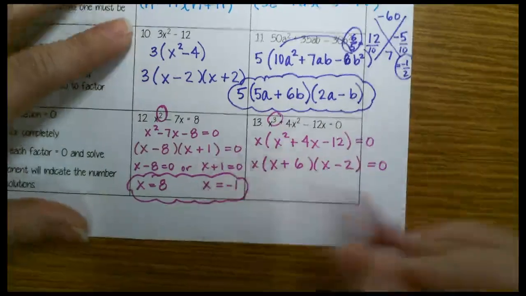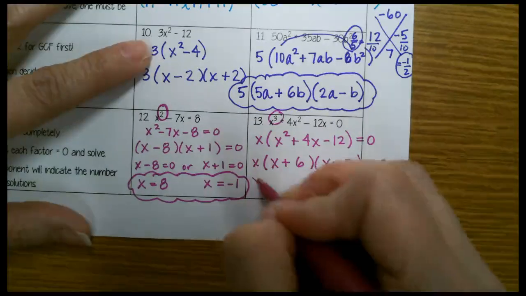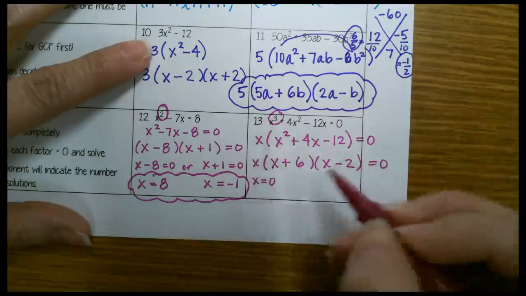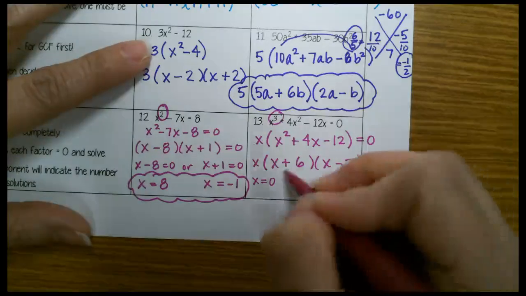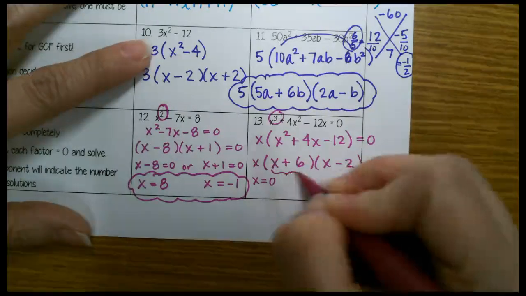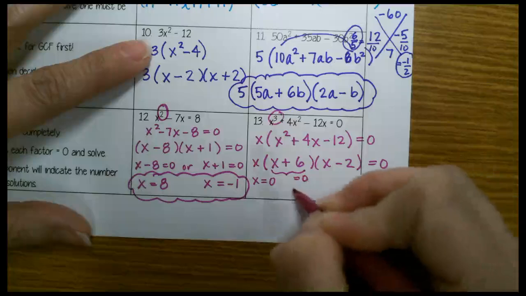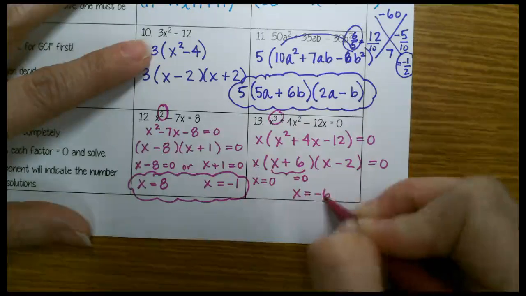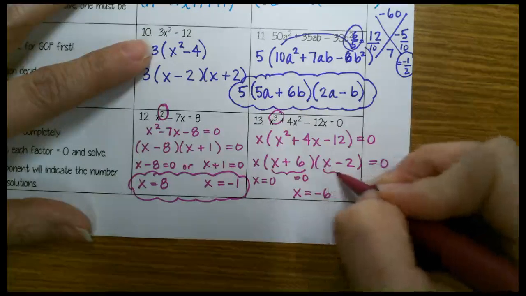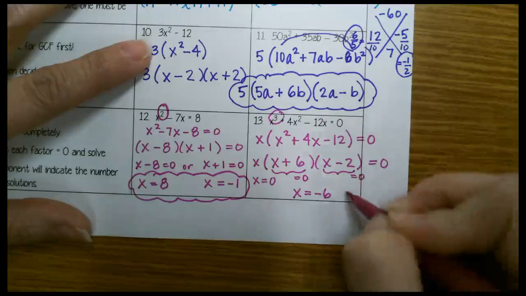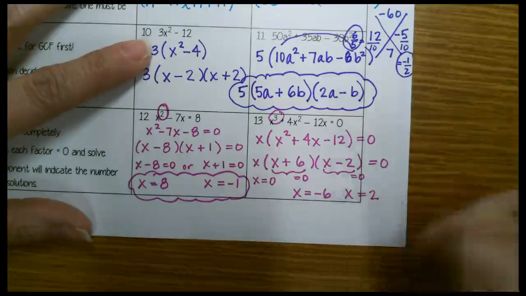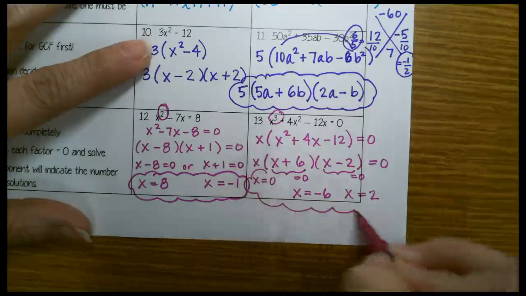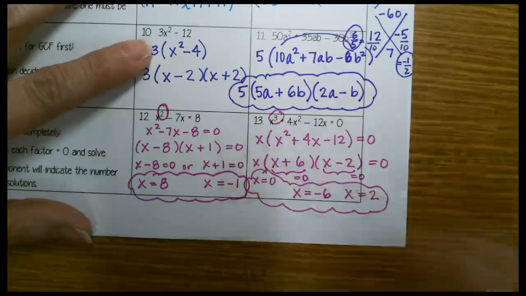Now I need to set each of them equal to 0. That one equals 0, so that's already the answer. If I put this one equal to 0, then x will be -6. And if I set that one equal to 0, then x will be 2. And those are my 3 solutions.